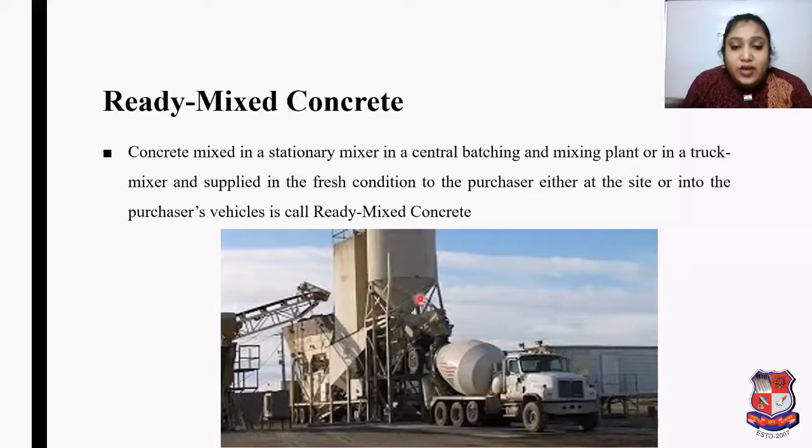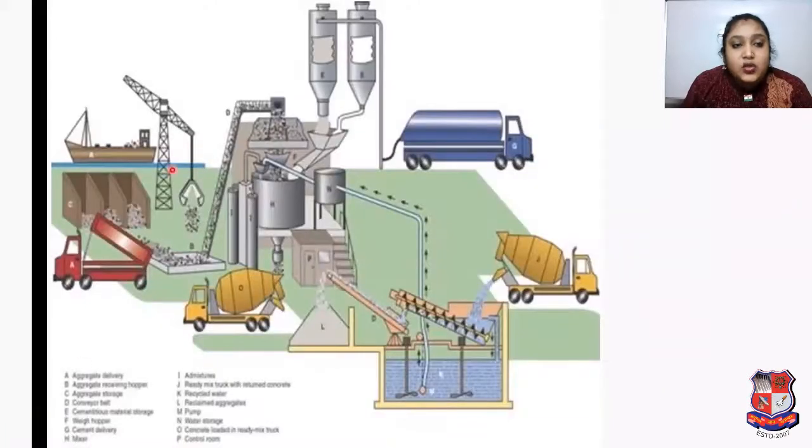So here, as per this definition, the ready mix concrete plant and the ready mix concrete are shown in the image. If we discuss this image in depth, you can see how ready mix concrete is produced. Aggregate collections are there, and the aggregates go in from the silo. Cement and supplementary cementitious material are added here.